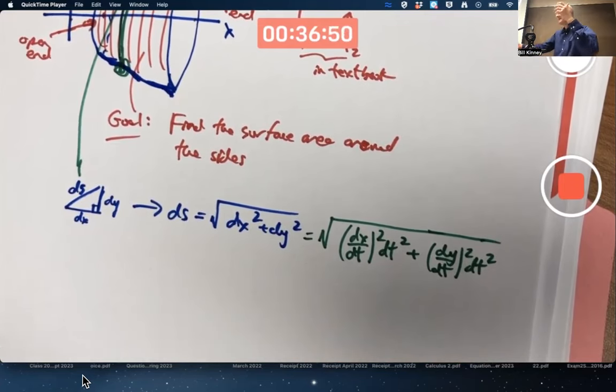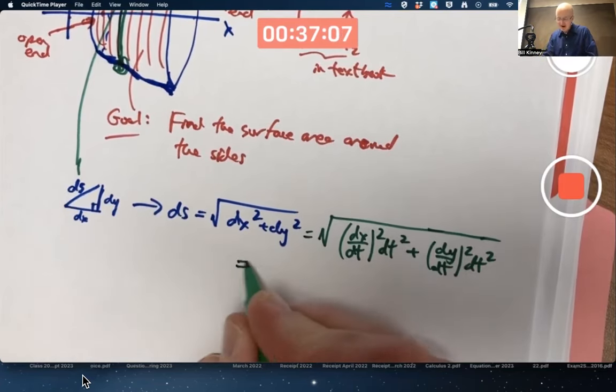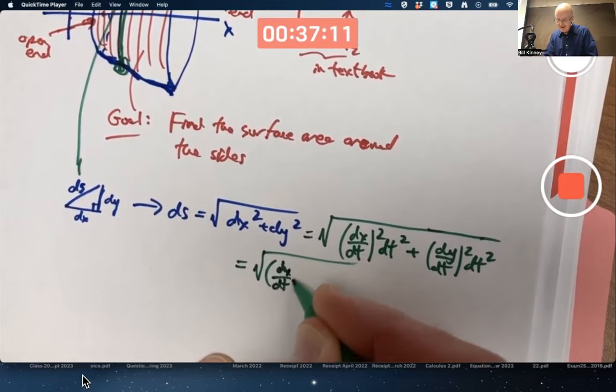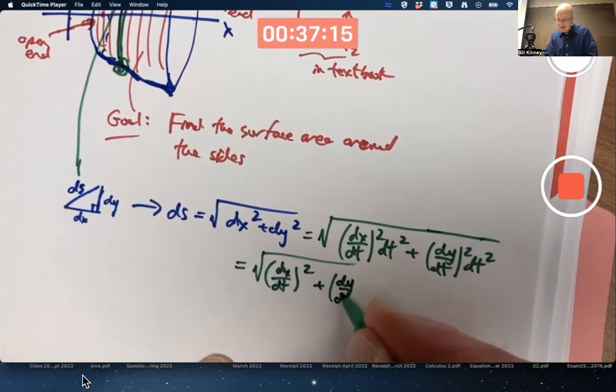But that's a common thing to do in science, pretend those are fractions, even though your math teacher always says they're not. It gets us the right answer. We're after the right answer. And the dt squared can be factored out, and you could square root that separately.